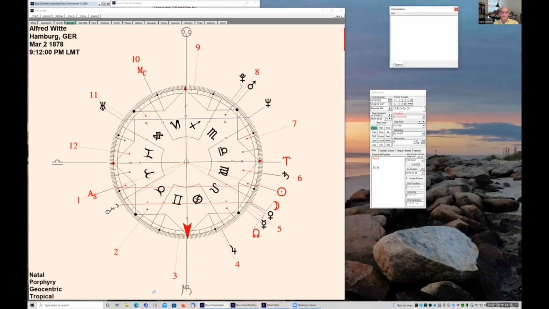Keep the essence of astrology. And Witte wanted to make an astrology that was very much like the science of his time, which was a periodic table view of chemistry, or any kind of underlying concepts that create something like a physics.